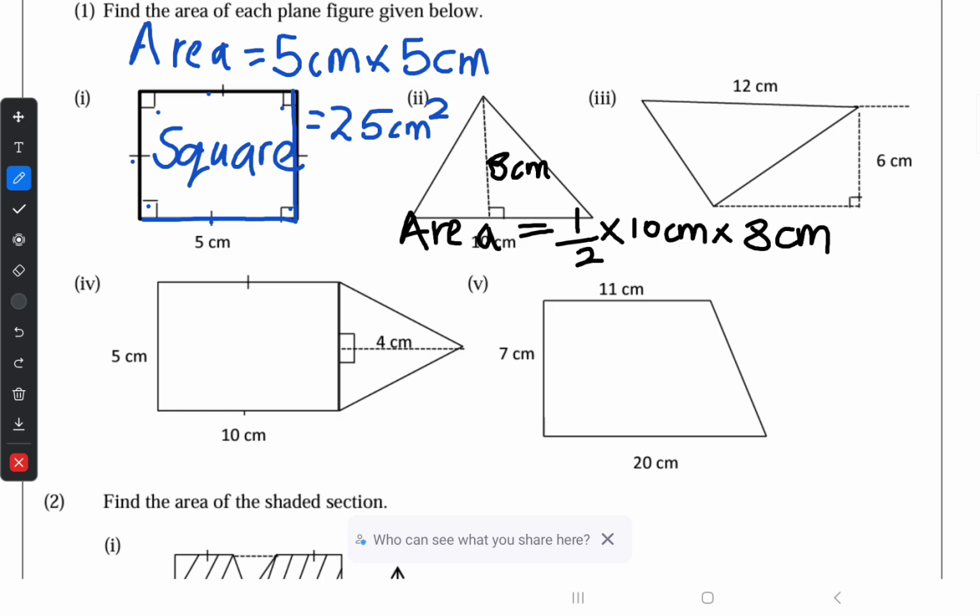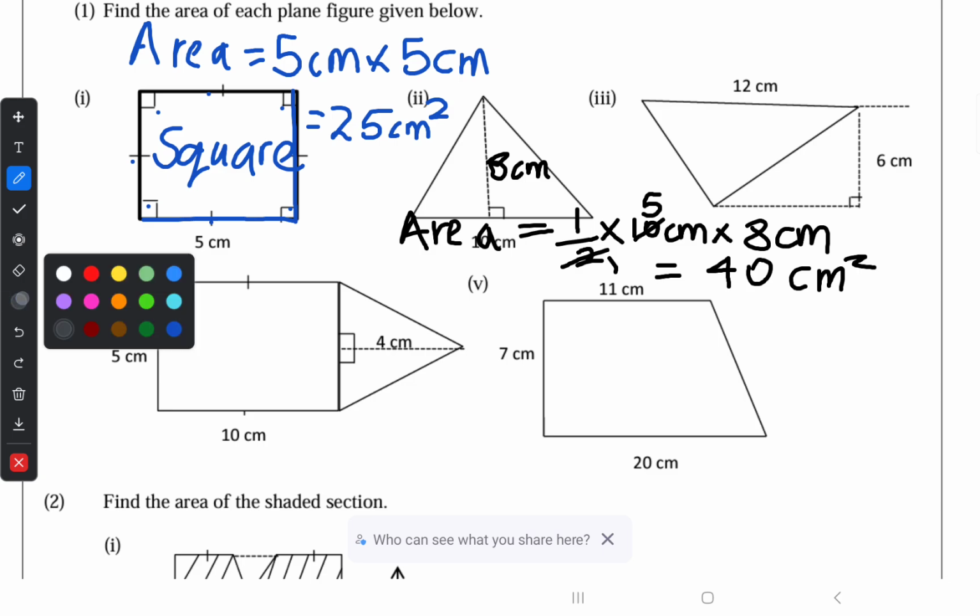Then we will simplify, so that will make our work easier. So this 2 and 10 can be simplified. 1 2s are 2, 5 2s are 10. Then when we multiply 5 centimeters into 8 centimeters, 5 into 8 is 40, centimeter into centimeter, square centimeters. So 40 square centimeters is going to be your answer for this question.